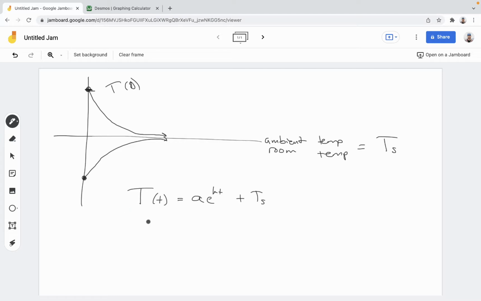So if we did have our initial temperature, we would plug in a 0 and see that that's A plus TS. So the initial temp would be T at time 0. Plug in a 0 for the exponent. That's going to be 1. It'll be A plus TS.